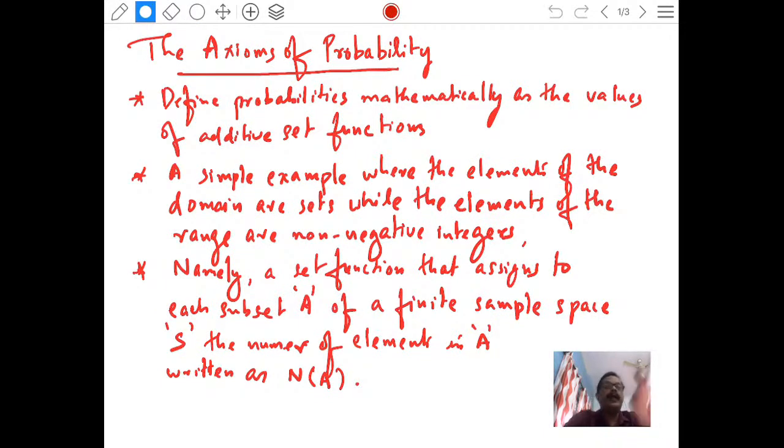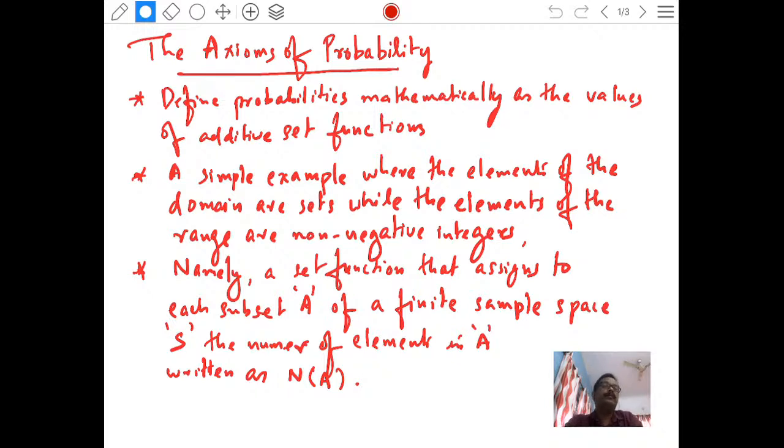The axioms of probability. From the classical probability concept, we move on to the axioms of probability, where we define probabilities mathematically as the values of additive set functions.